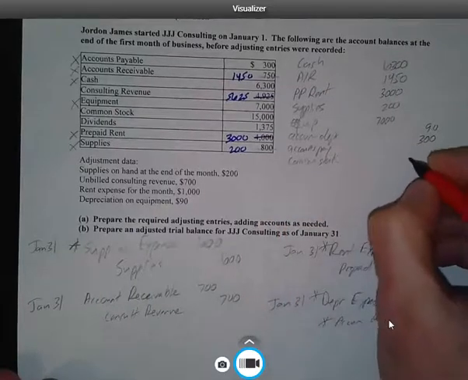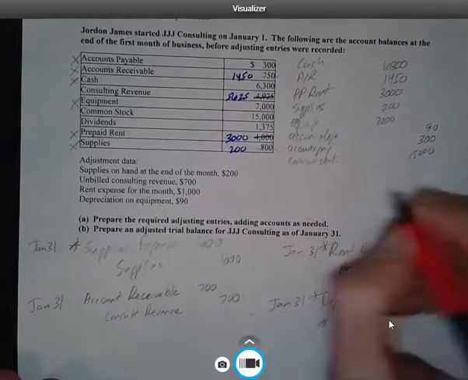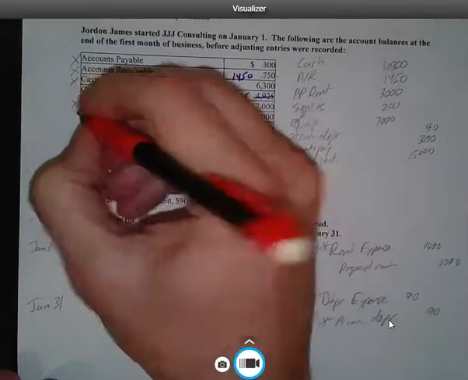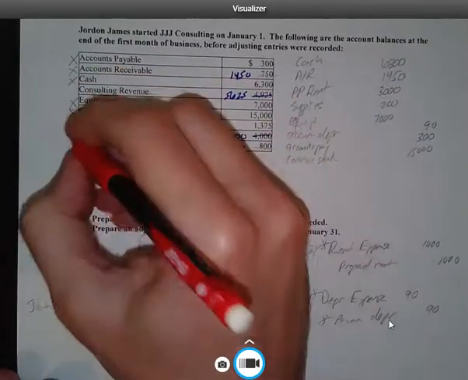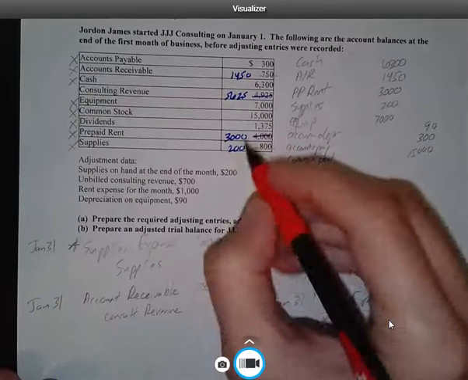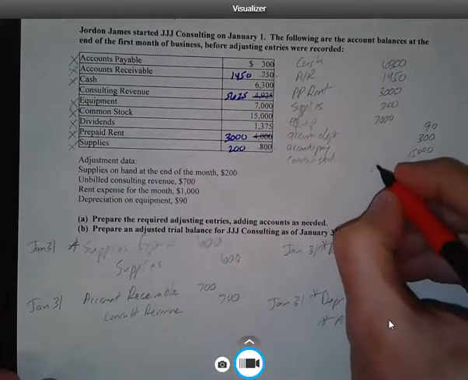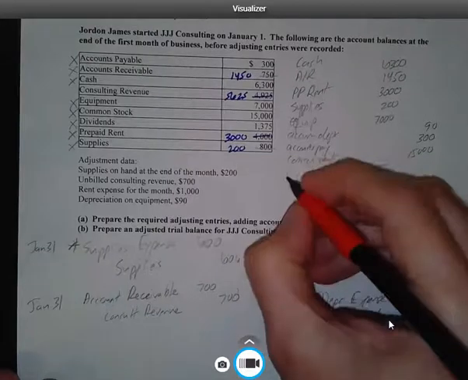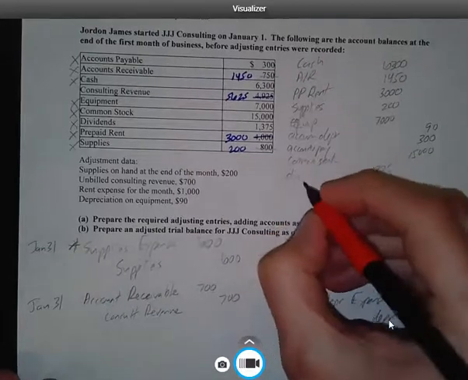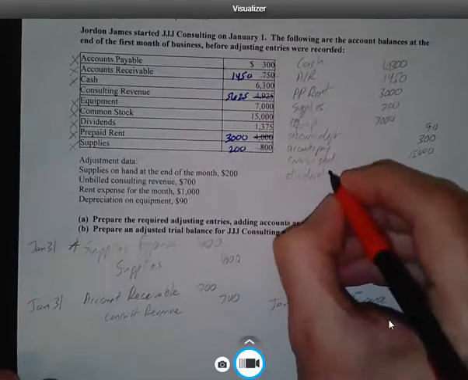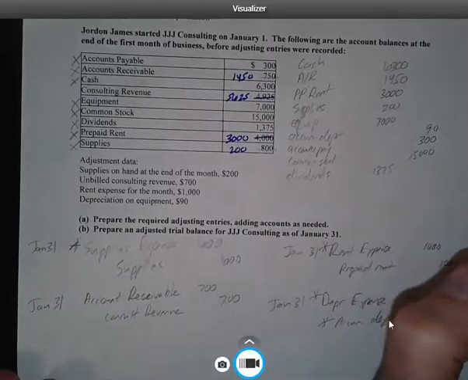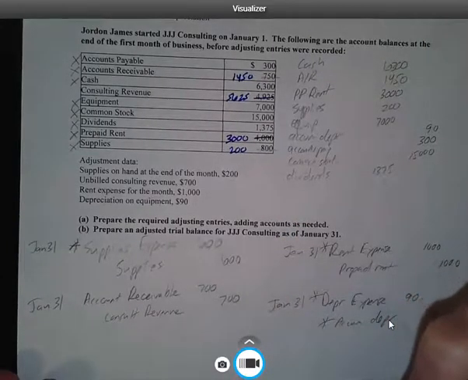Common stock is $15,000. Dividends are next, and they are $13.75. That will be a debit. Okay.